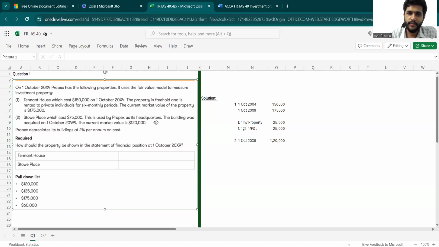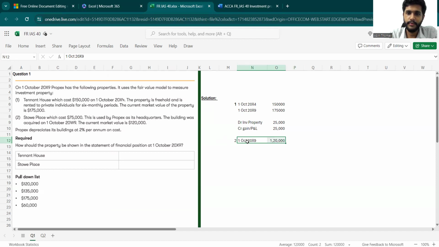So in such a case, what will we do? It will be accounted under IAS 16 property, plant and equipment. So we should depreciate at 2% each year.